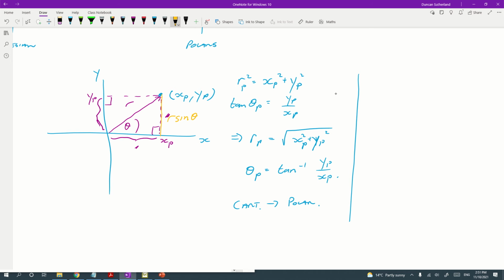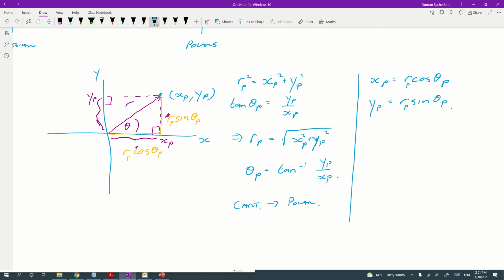That's just trigonometry again. And this distance here is r cos theta. Okay, so we also have x in terms of r and theta, and y in terms of r and theta.